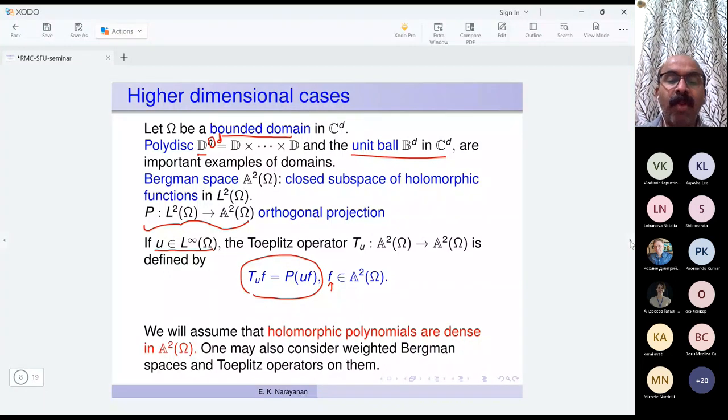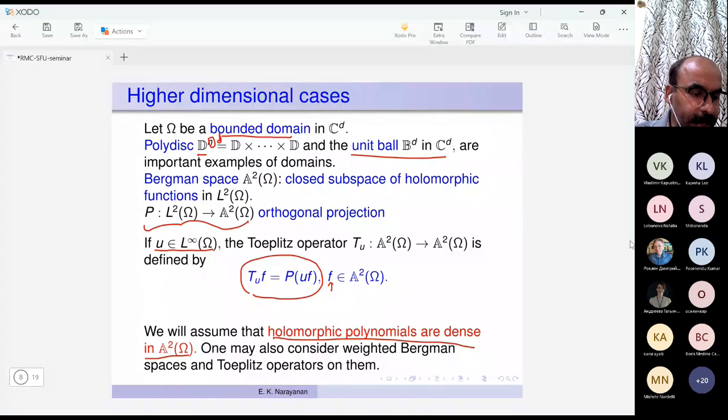Now, one assumption we will always have is that the holomorphic polynomials are dense in the Bergman space. Okay, this is not automatically true, even though most of the domains we know have this property, and this is not completely characterized.